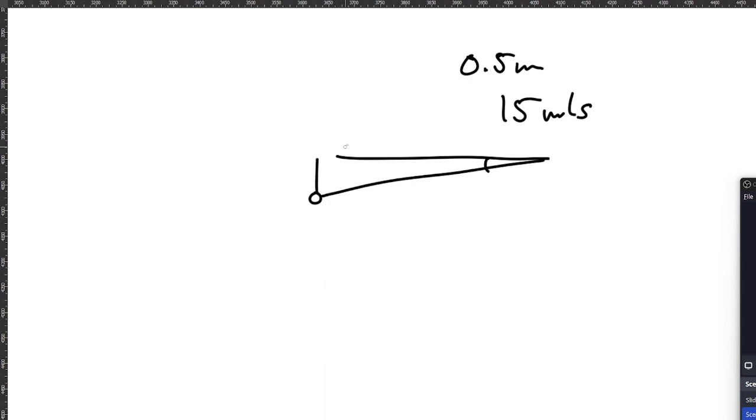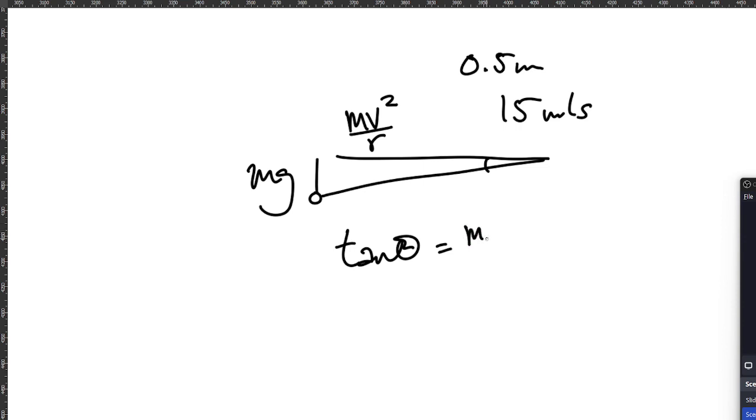We have centripetal force, which is mv squared over r. And we have gravitational force, which is mg. So we can say that tangent theta is going to be equal to opposite over adjacent.